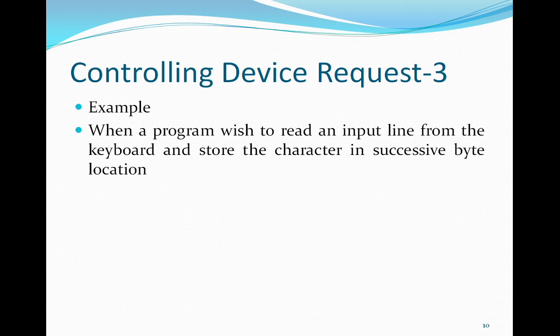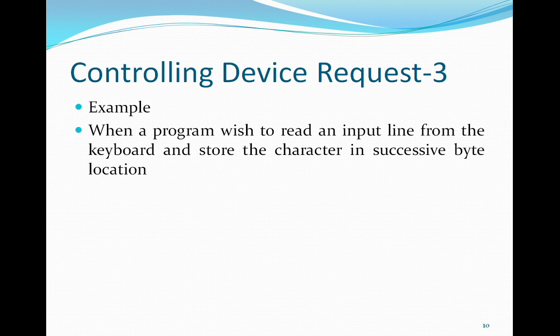Once the initialization is completed, typing a character on the keyboard will cause an interrupt request to be generated by the keyboard interface. The program being executed at that time will be interrupted and the interrupt service routine will be executed. This routine has to perform the following steps. One is to read the input character from the keyboard input data register, which will cause the interface circuit to remove its interrupt request.